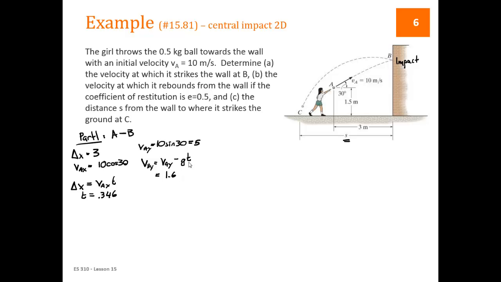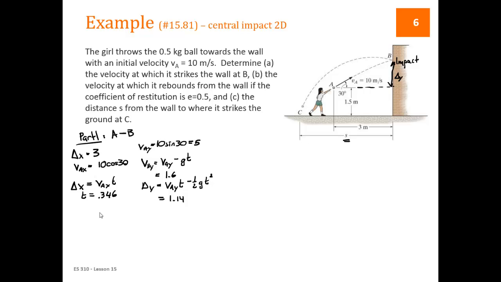At the same time, we can also find the change in position from here up, delta y. And delta y is equal to the initial velocity times t minus 1/2 of g times t squared. We know t, g, and initial velocity, so delta y is going to equal 1.14.